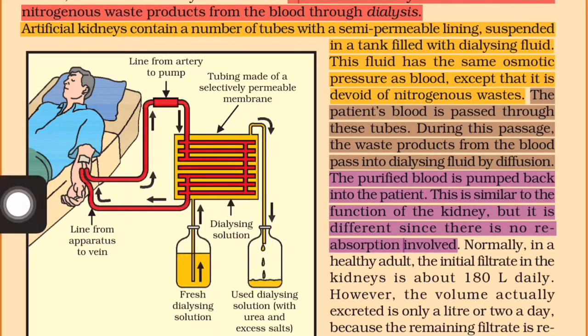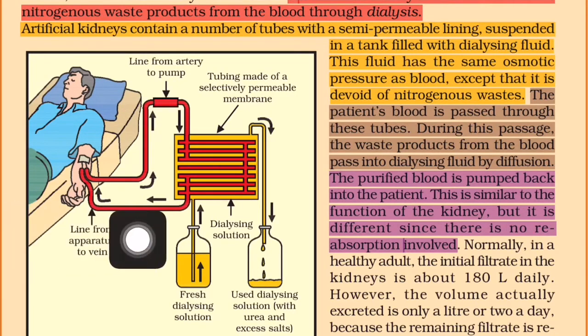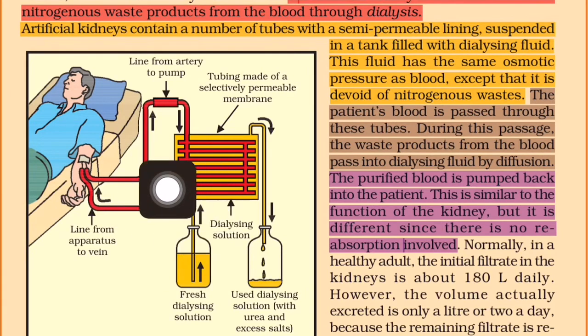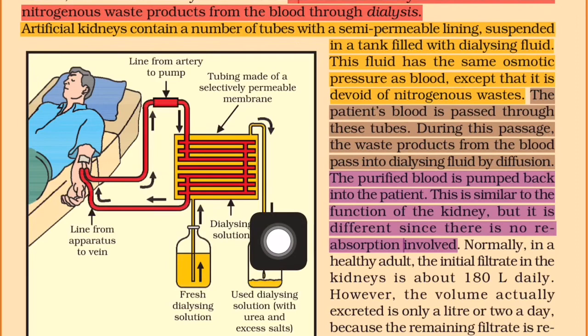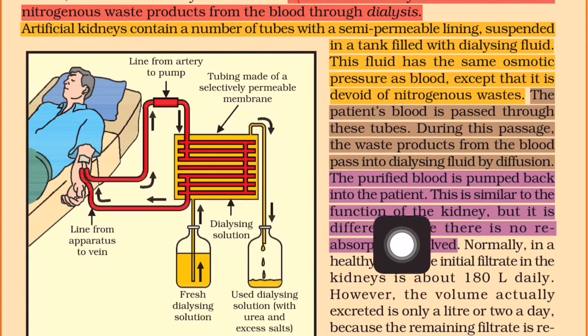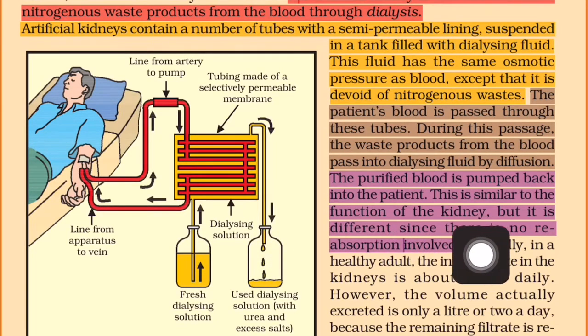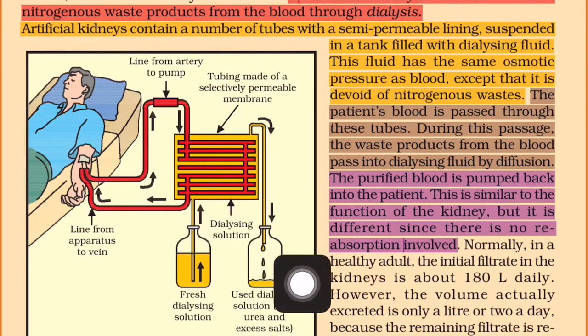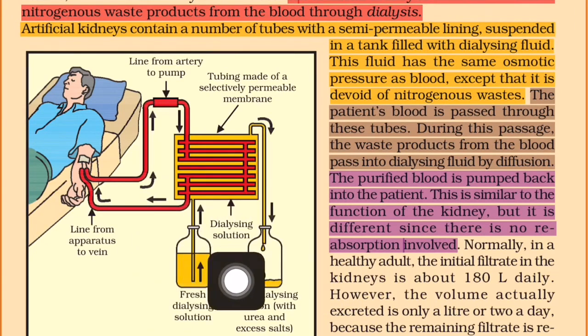But this process is somewhat different from the natural kidney. Here there is no reabsorption, which is one of the main parts of the natural kidney. So there is no reabsorption involved in this artificial kidney.